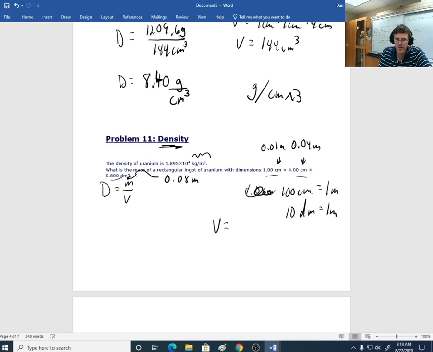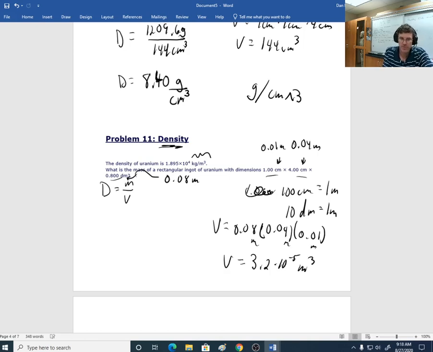So now our volume would be 0.08 times, maybe I'll use parentheses, 0.04 times 0.01. And when you multiply them, oh, that's meters times meters times meters. And so our volume, 0.01 times 0.04 times 0.08, ends up being 3.2 times 10 to the negative fifth cubic meters. Okay, now we're ready to fill in.